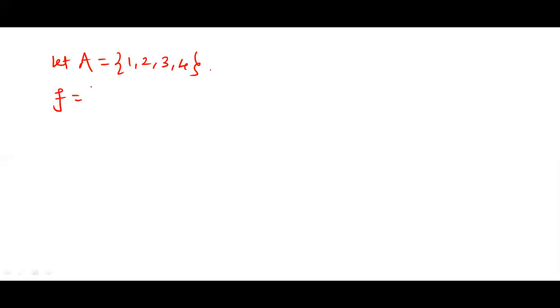So f is equal to the permutation of set 1 2 3 4, in which 1 maps to 2, 2 maps to 3, 3 maps to 4, and 4 maps to 1.